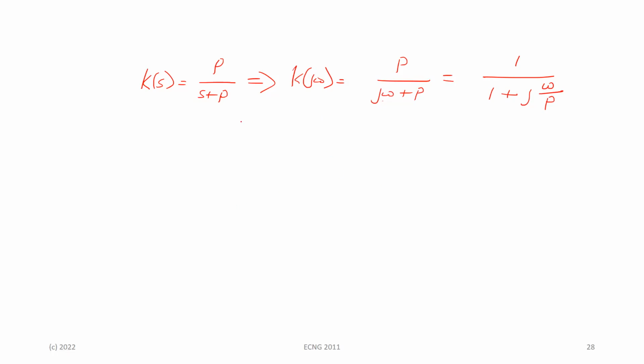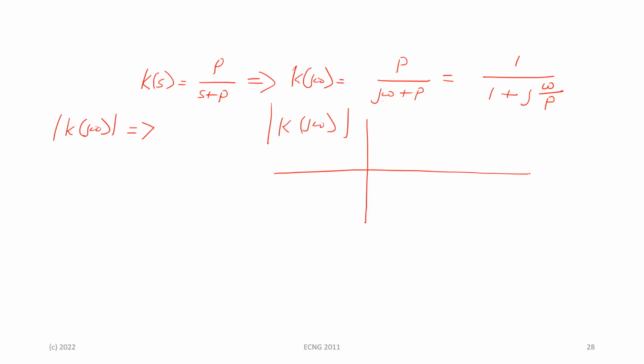The magnitude of K of j omega, the magnitude of that response, right? You now look at what happens to this response depending on the value of omega. So let's just draw a little line here and see something. This is the magnitude of K(j omega) here, and this is omega here.